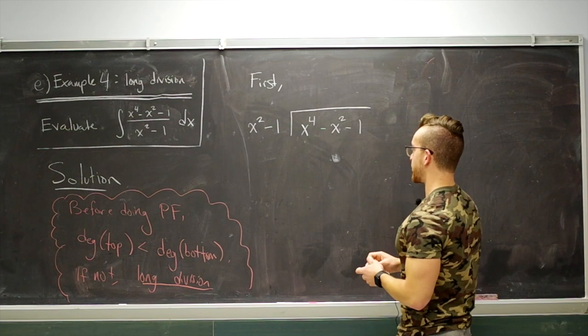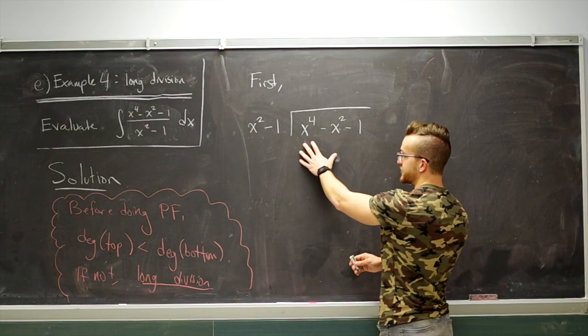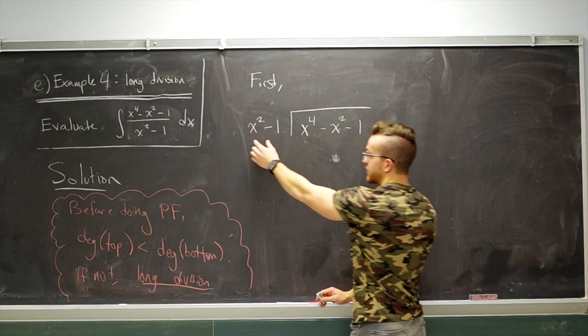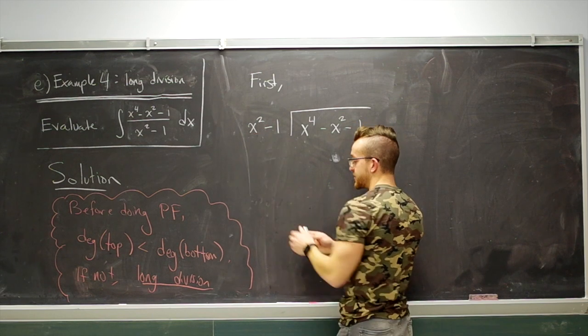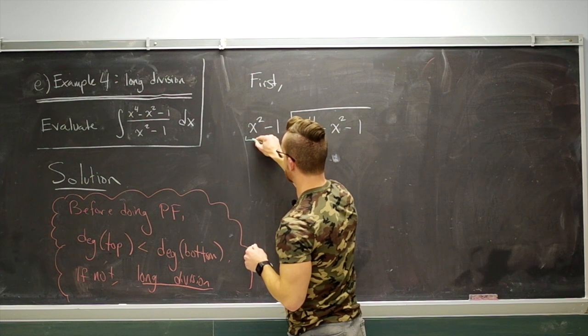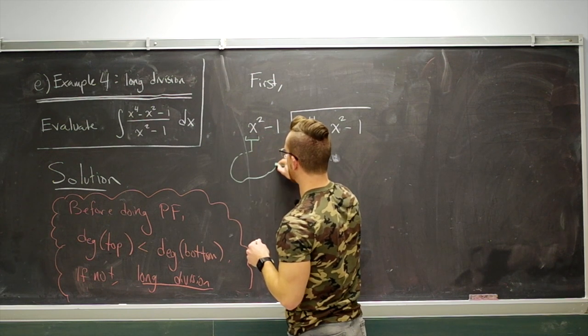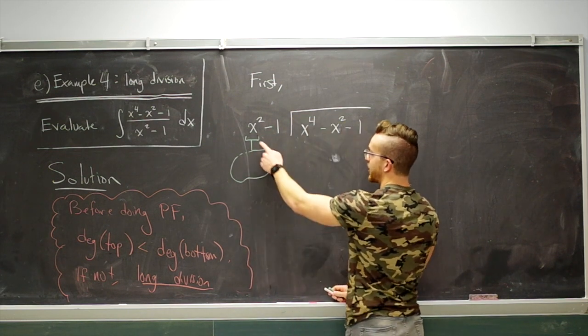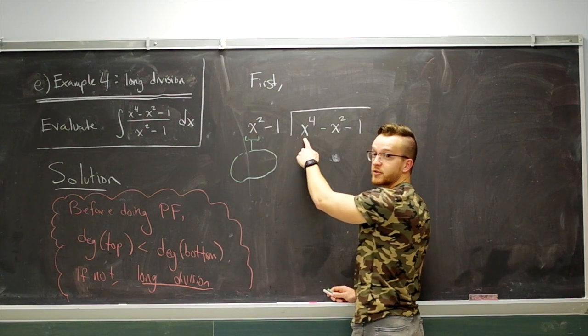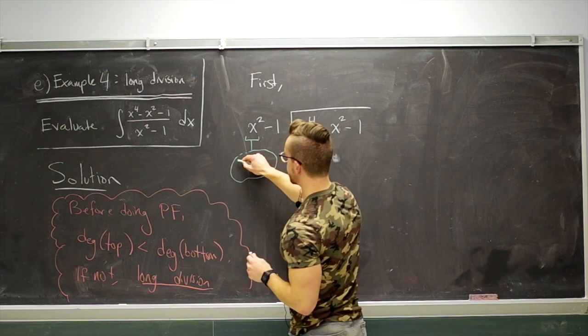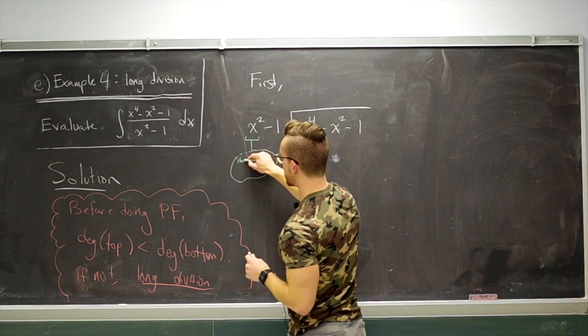How does the division algorithm work? With polynomials, what we do is we look at the highest degree term on the outside. And the question is, how many times does this go into the leading term here?